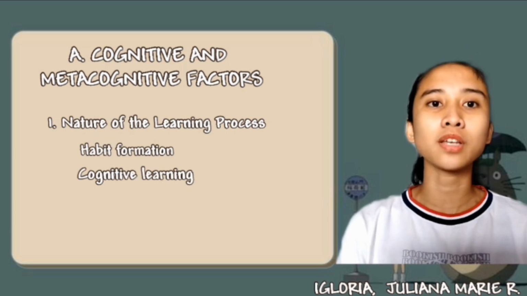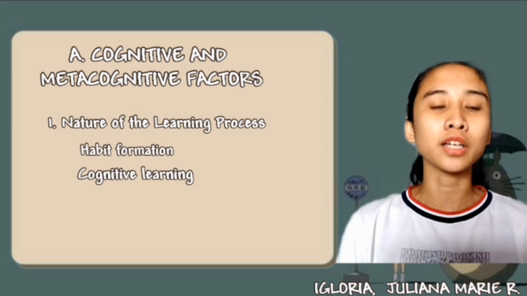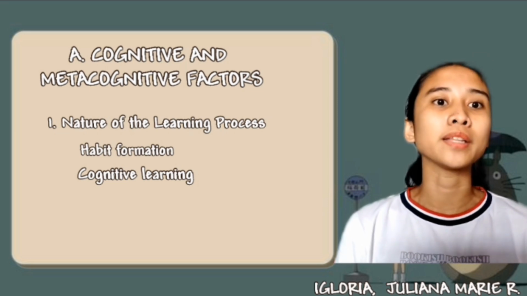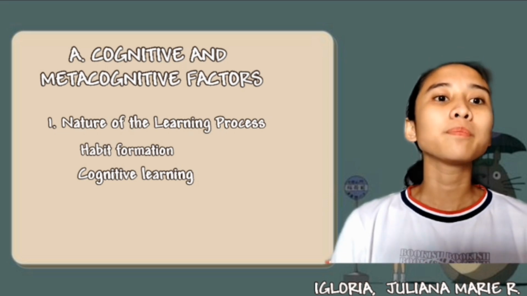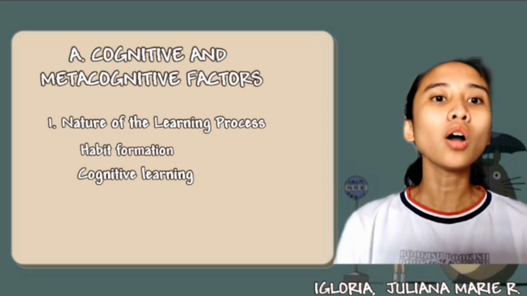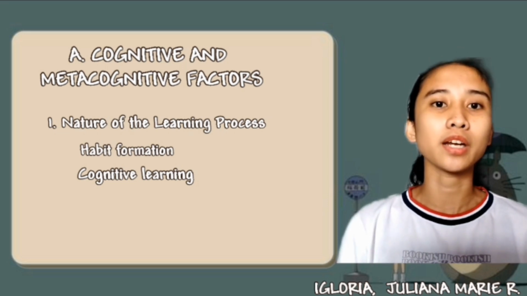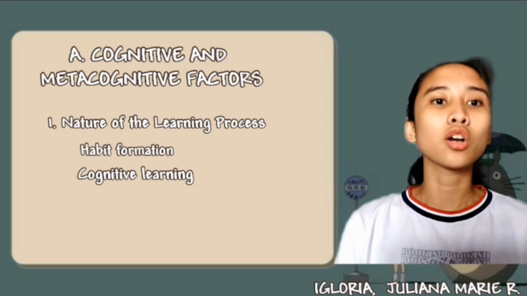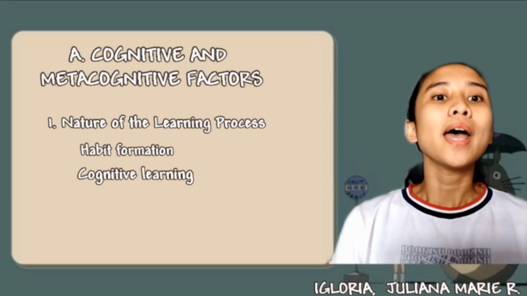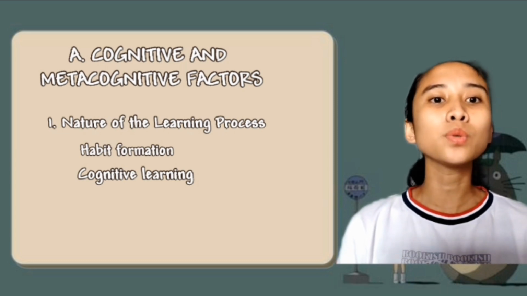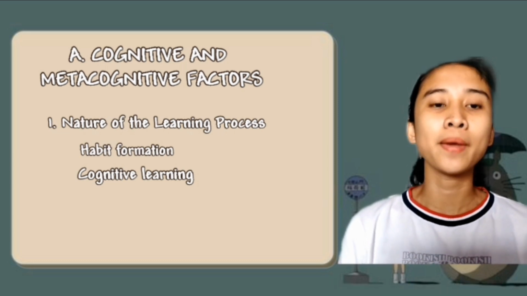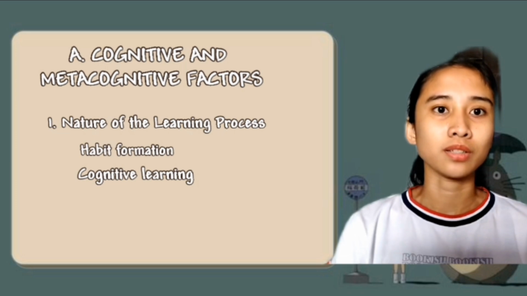Habit formation, an example here is learning how to ride a bike. It happens through repetition and practice. Cognitive learning, an example here is understanding concepts in math and science. It requires a student to understand a concept and make connections.